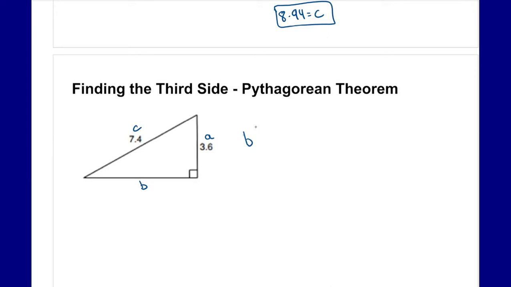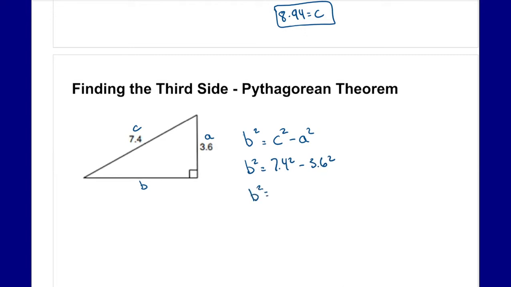B squared equals C squared, or our hypotenuse, minus the leg that we're given squared. So the only difference is that we're subtracting now. So C squared is 7.4 minus 3.6 squared.